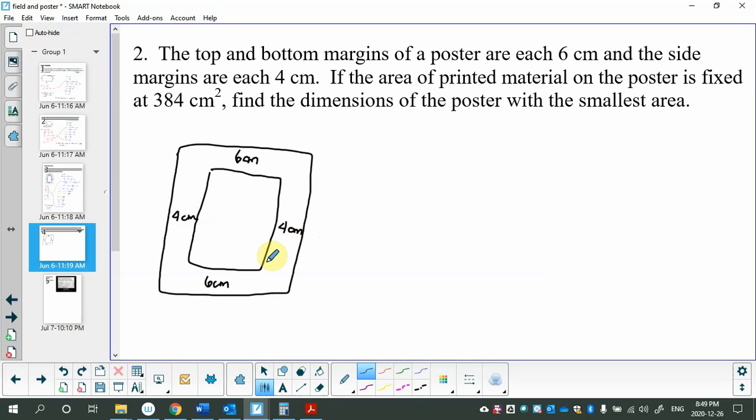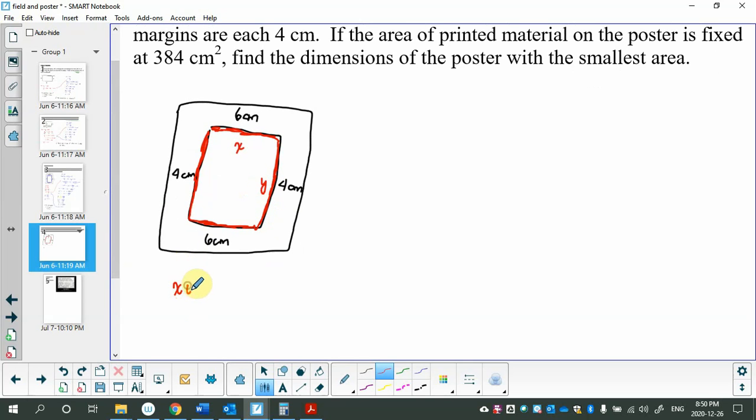And it says if the area of the printed material, so this space in here, if that area is 238 centimeters squared, it would be to my advantage, because that is a number, to call this X and this Y. I'm going to skip the length times width, so that we have something super tiny to isolate a Y, or if you prefer an X.